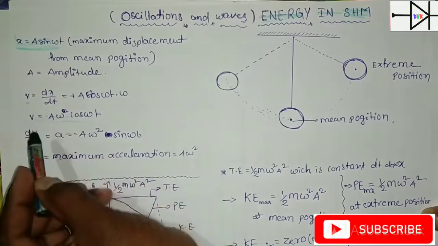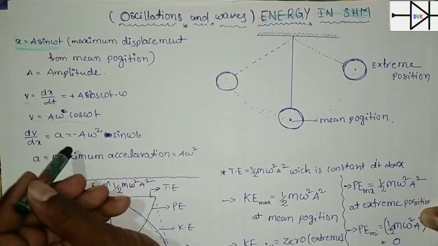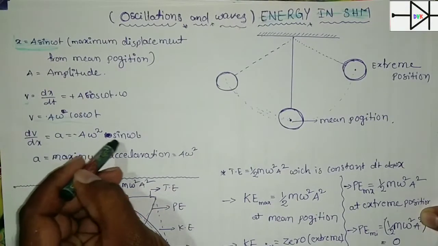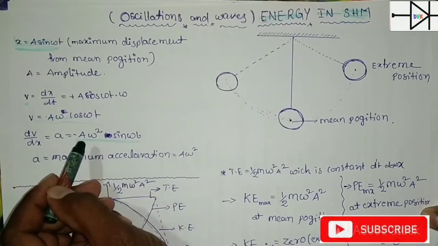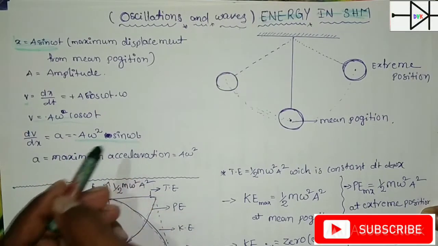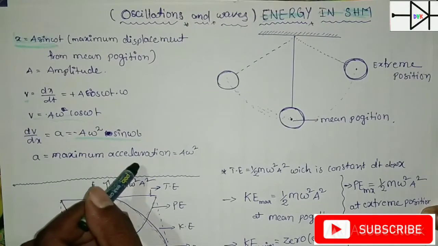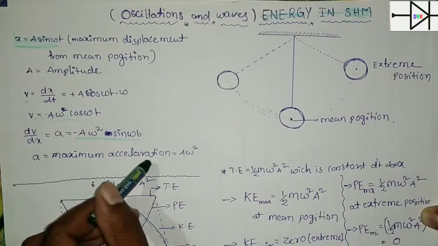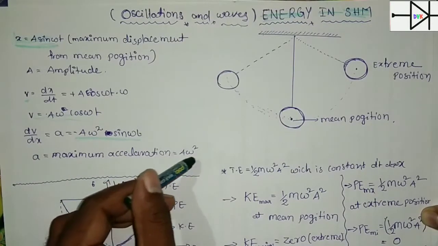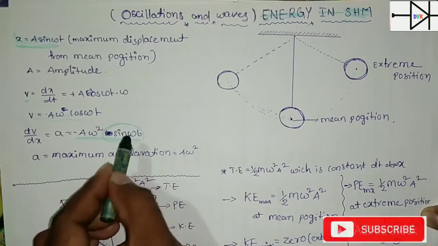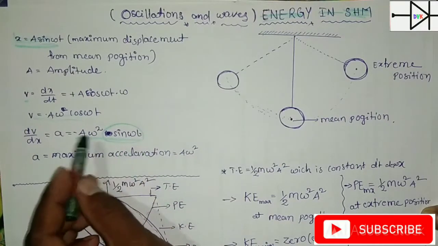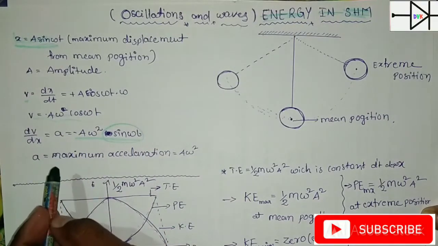It is the velocity. The rate of change of velocity is equal to acceleration. Again, the second derivative gives minus A omega square sine omega t. The maximum acceleration is A omega square, because this is equal to 90 degrees. When sine omega t is equal to 1, a is equal to maximum, right?